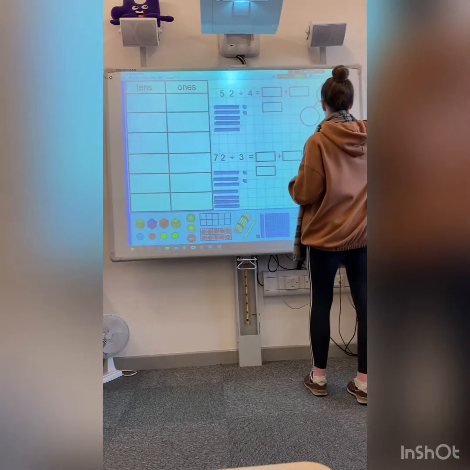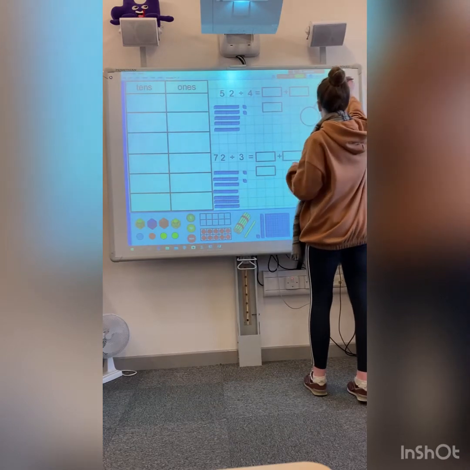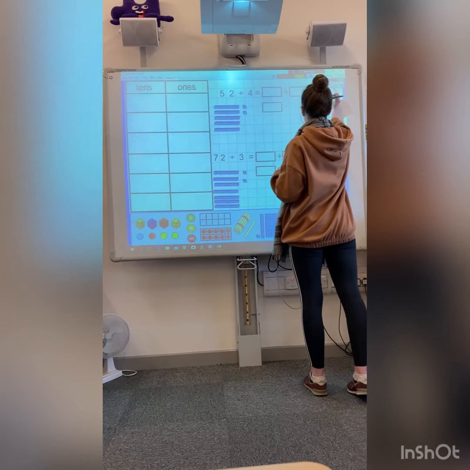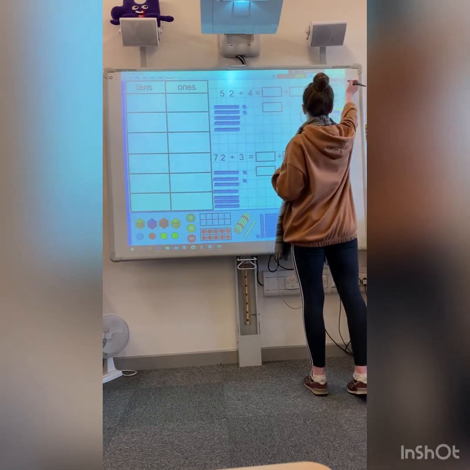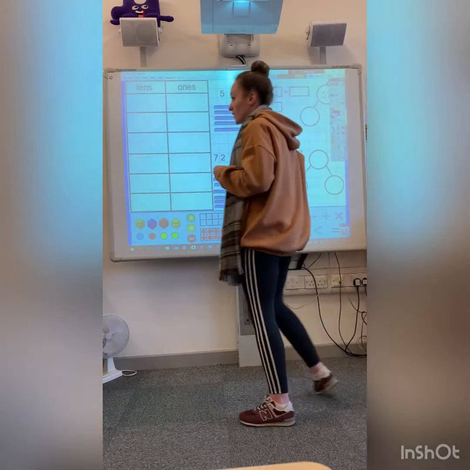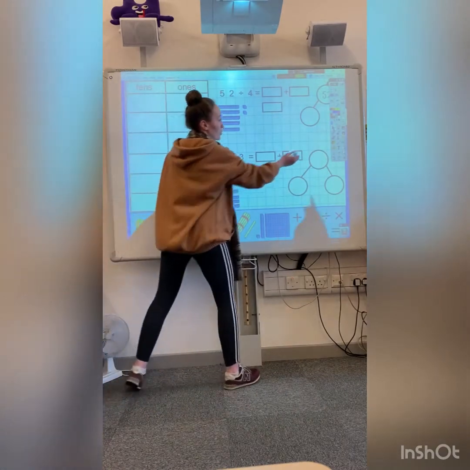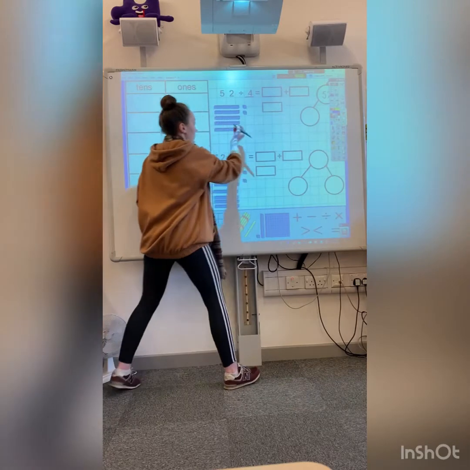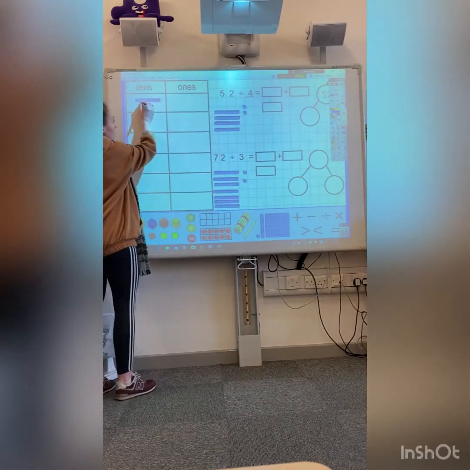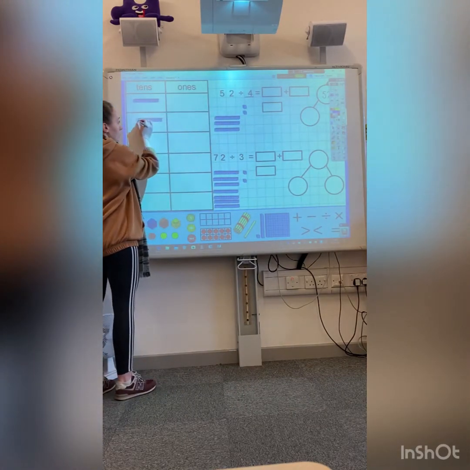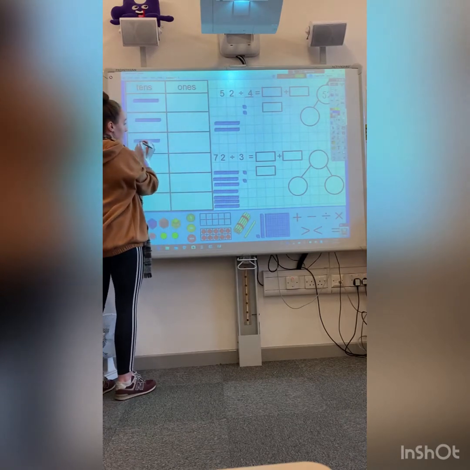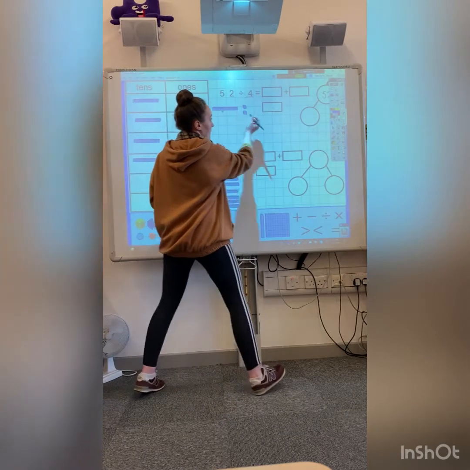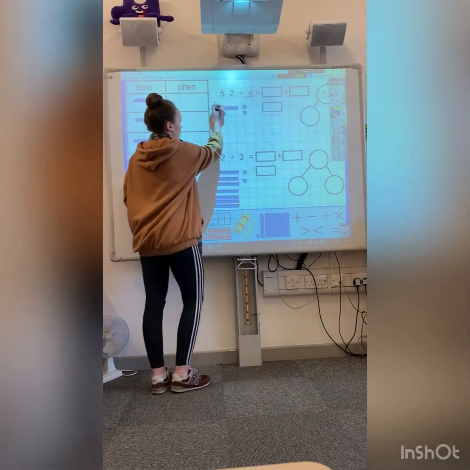Right, so I've got here 52 divided by 4. So I'm going to write 52 here. And then I'm going to split my tens into 4 groups because I'm dividing by 4. So I'm going to move my tens across. And because I'm left with 1 ten, I can't split 1 ten into 4 groups.